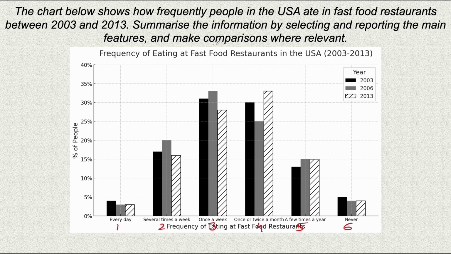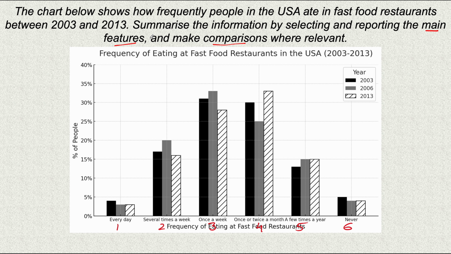We are looking for comparisons, which categories are similar and which are different. We are looking for trends, that is, which things are increasing, which are decreasing, which are the highest in all years, etc. So we are looking for main or noteworthy features.